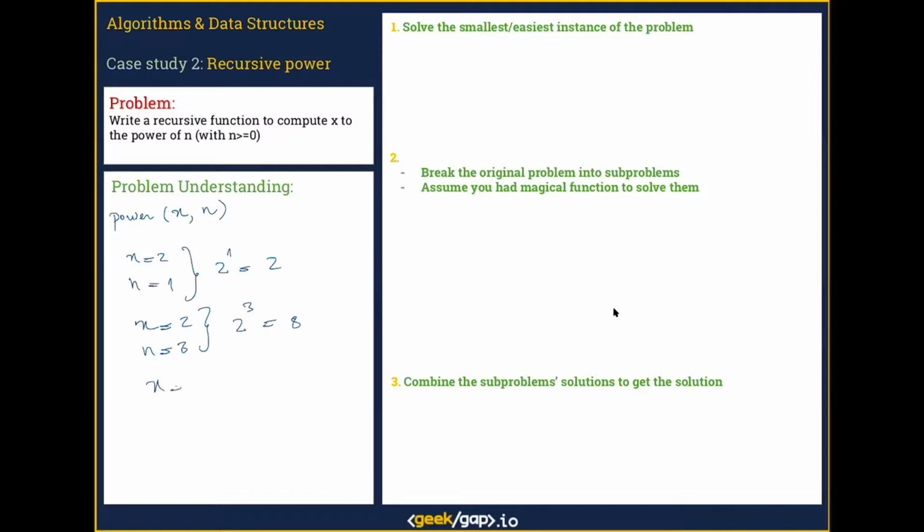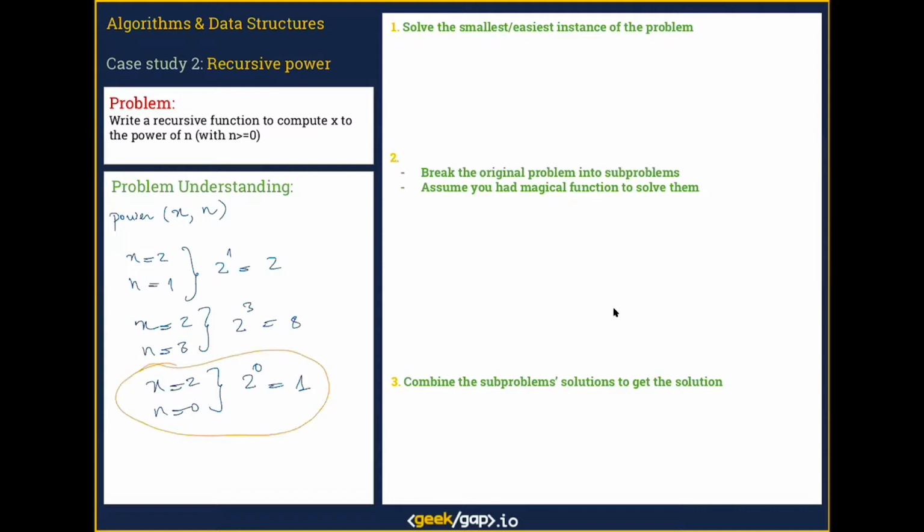If x equals 2 and n equals 0, we get 2 to the power 0, which is 1. So we follow the same pattern that we normally do. We find the smallest, easiest instance of the problem. And my gut tells me that it's actually this one.